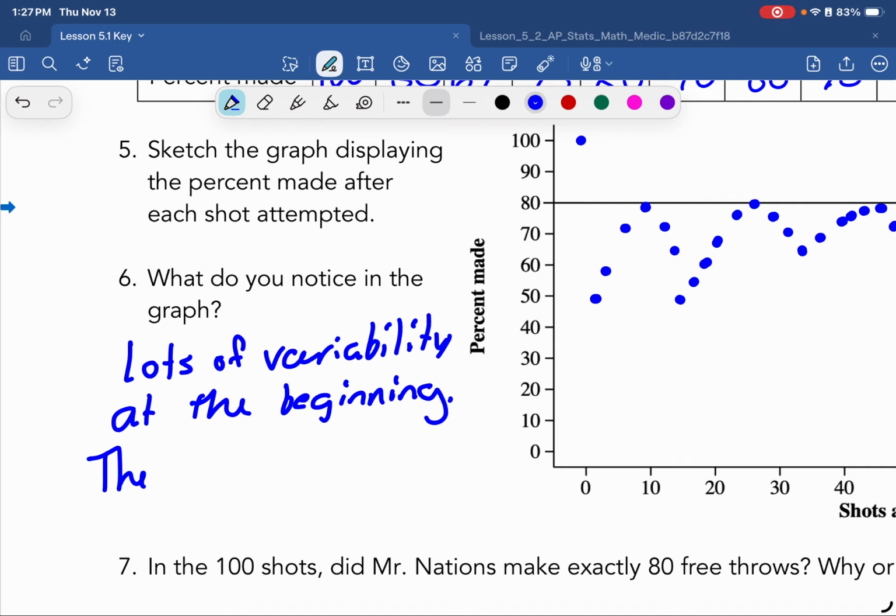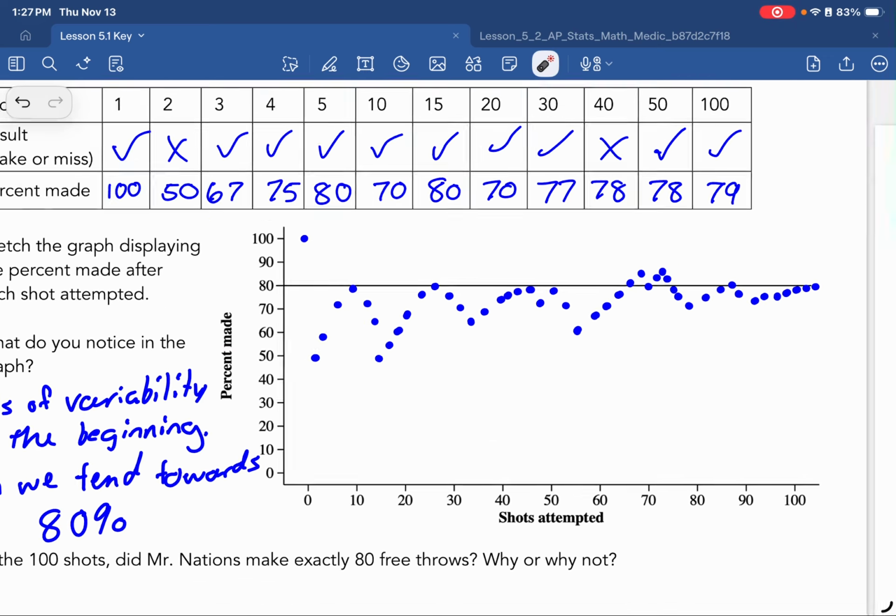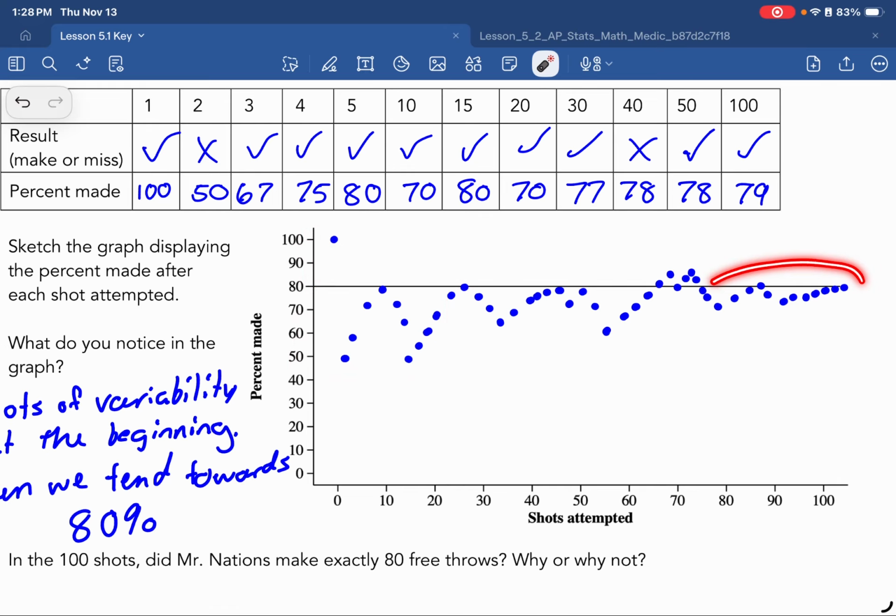But then we tend towards 80%. So we're getting closer to 80%. And that can be seen at the beginning of my shots. There's a lot of variability. But we're getting less variability here.